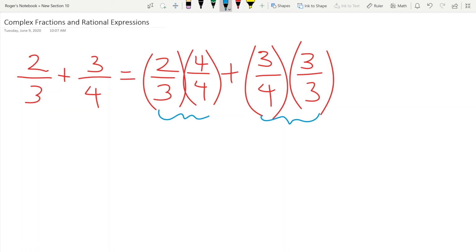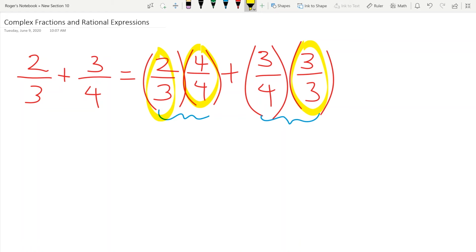So, of course, you always multiply by 1. So 4 over 4, this right here, is 1. And 3 over 3 is also 1. So if you take 2 over 3 right here and you multiply it by the number 1, it's still 2 over 3, isn't it? Except now it's going to be written as 8 over 12. Okay, 8 over 12, but it's still equivalent to 2/3.